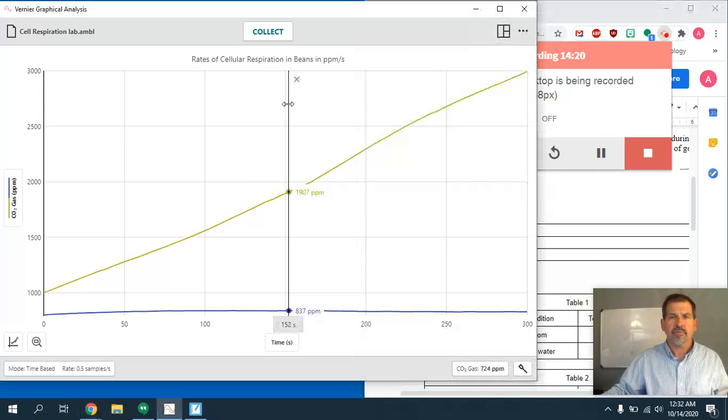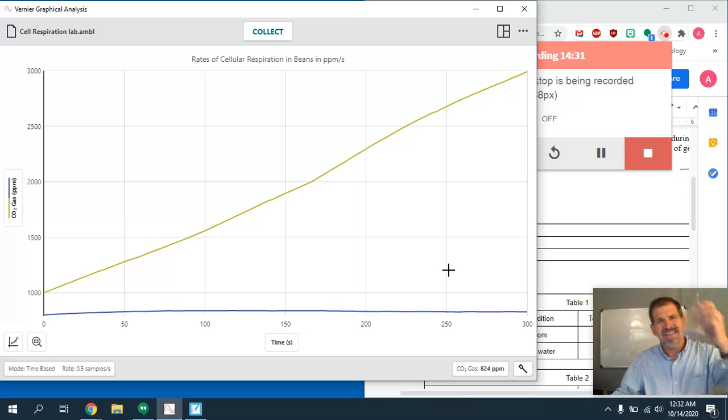All right, students, now we had the second test run, and as you can see, this blue line is the indicator of how much CO2 was being produced in our non-germinating beans. As you may have suspected, not a whole lot going on there. You can see this line is basically flat.